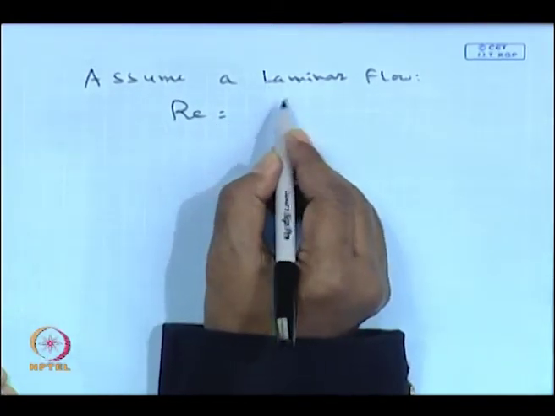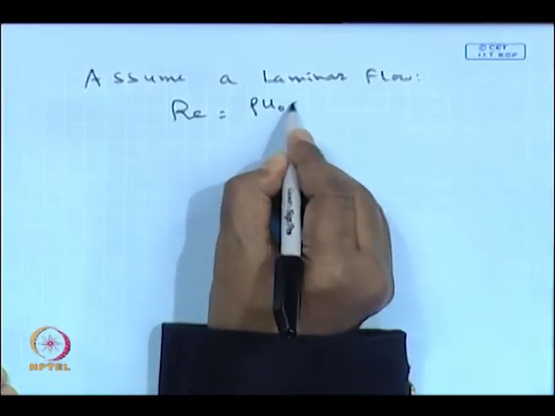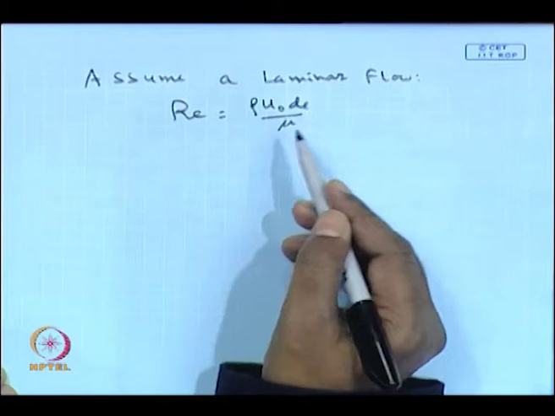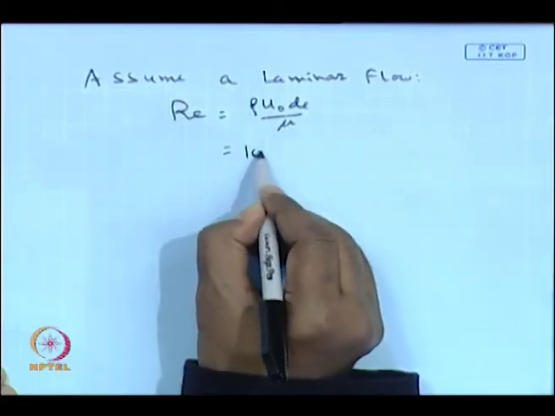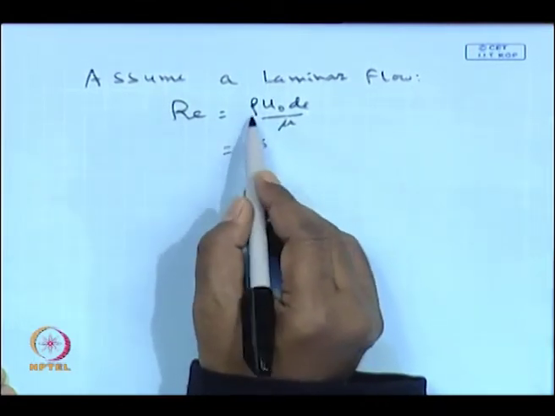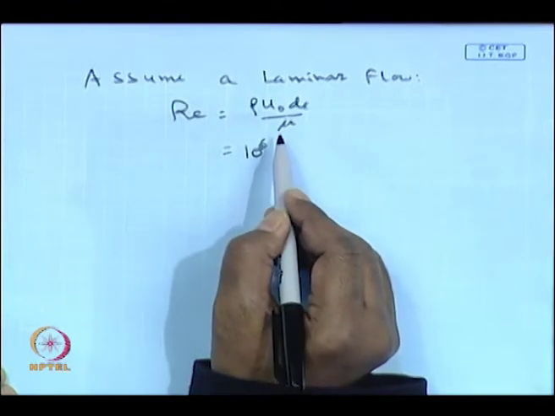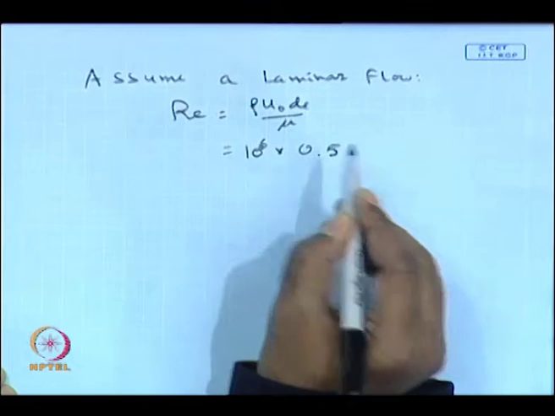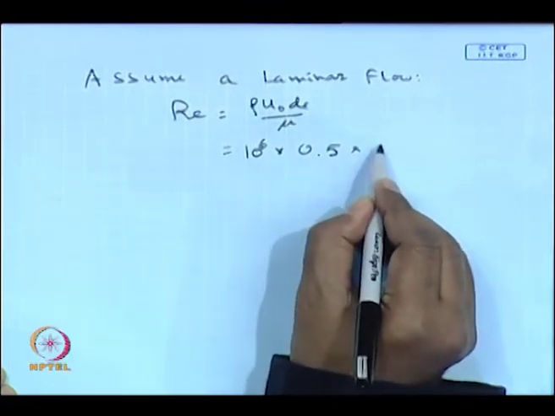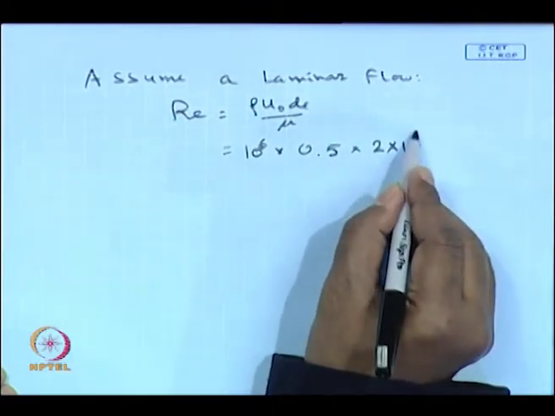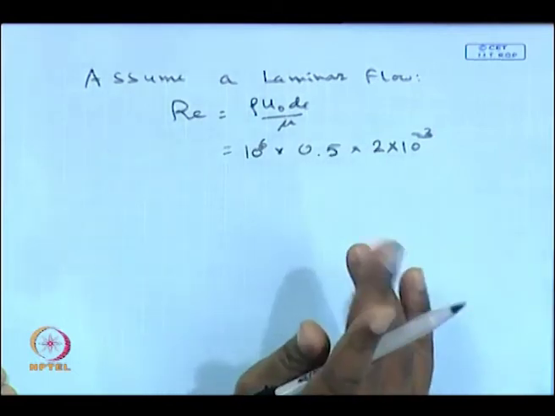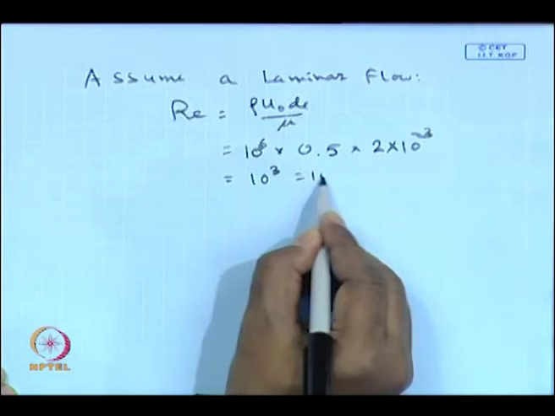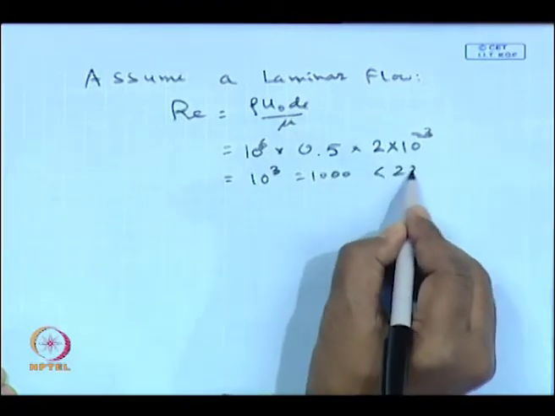It becomes rho u0 d by mu, and if the density and viscosity are almost like water, rho is 10 to the power 3, mu is 10 to the power minus 3. So, rho by mu will be 10 to the power 6, u0 is 0.5 and d equivalent is 2 into 10 to the power minus 3. So, 2 into 0.5 is 1, 10 to the power 6 into 10 to the minus 3 will be 10 cube, that is 1000. It is obviously less than 2200.